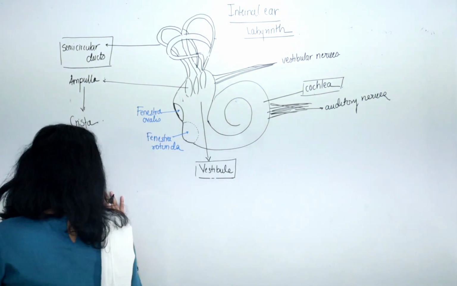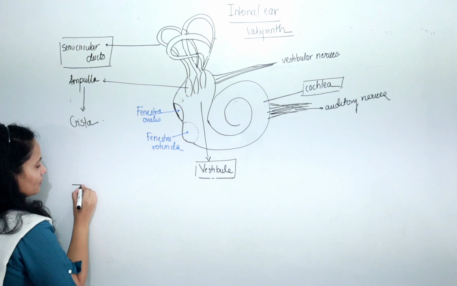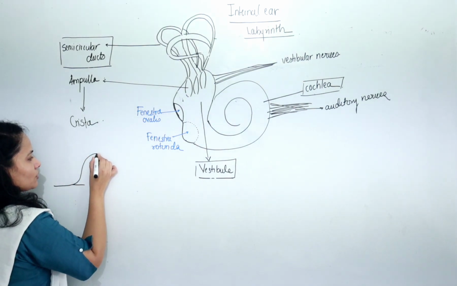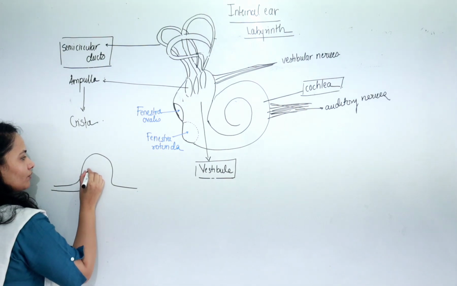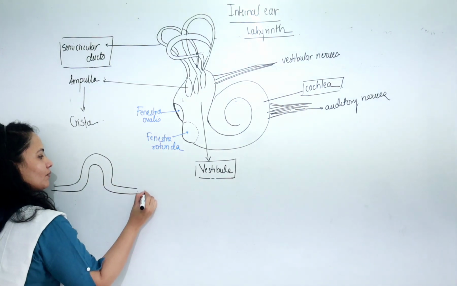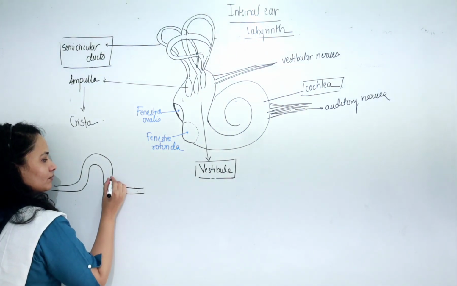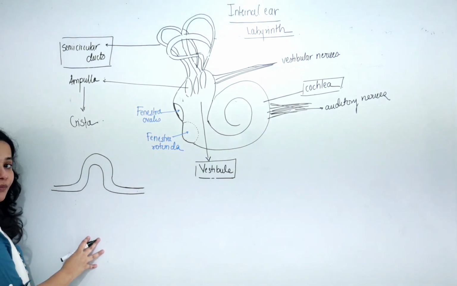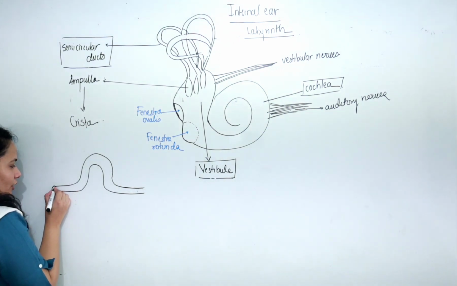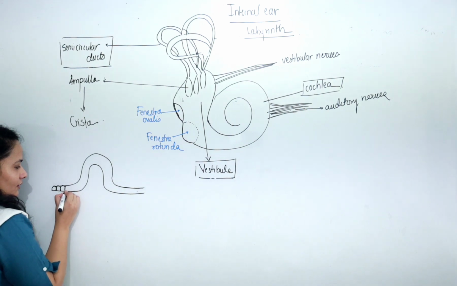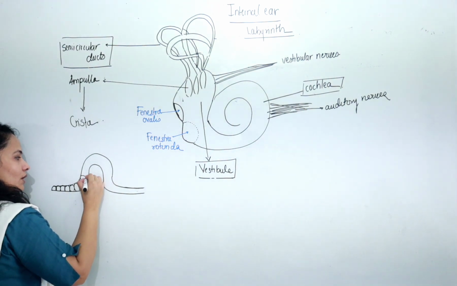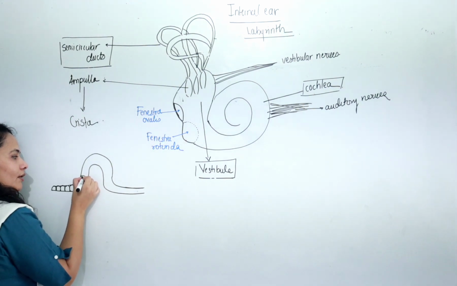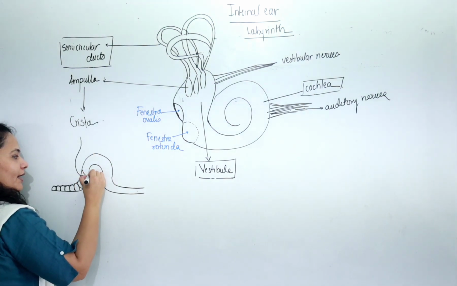So this crista ampullaris has an oval structure this way. This is how it looks. In this oval structure, it has some cells like this, and each of the cells possesses hair cells.